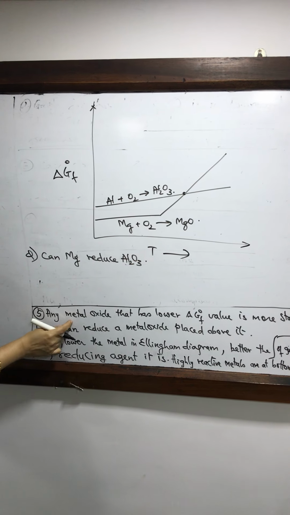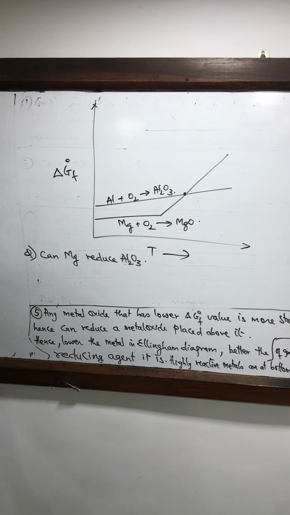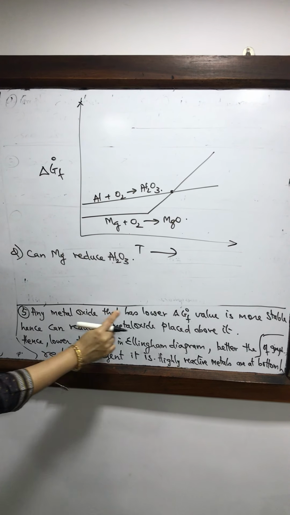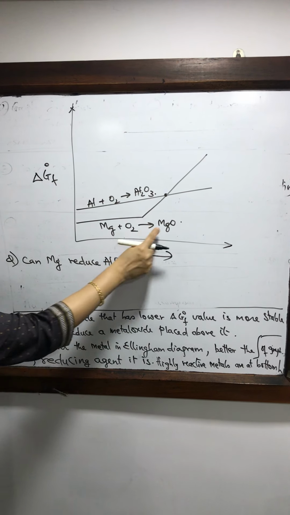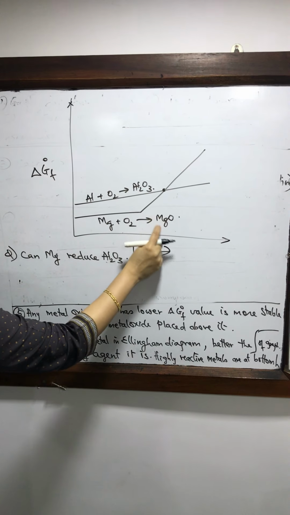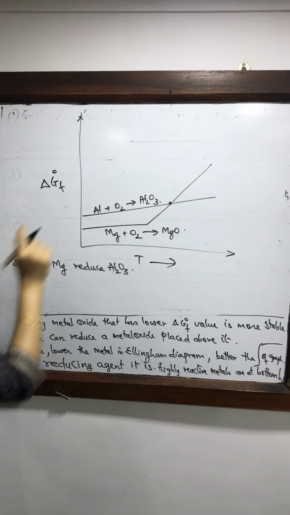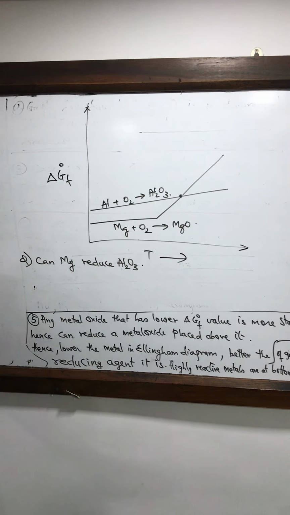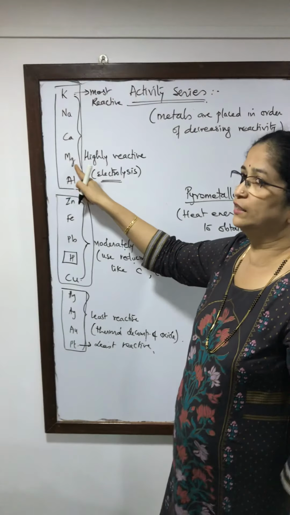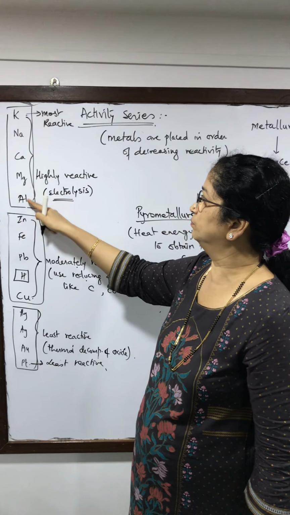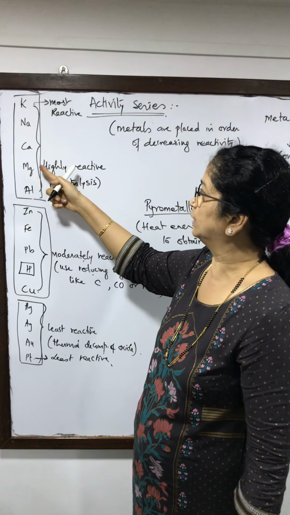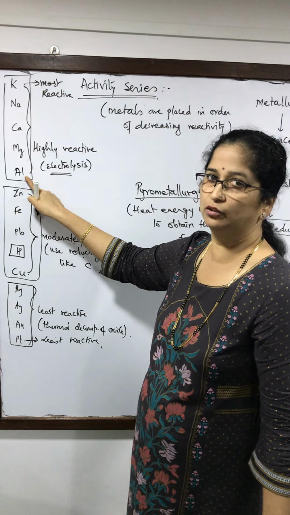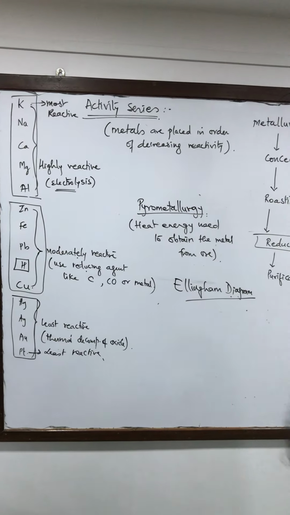Let us answer it from this point of view. The point says a metal oxide that has a lower delta G naught value is more stable. So among these, magnesium oxide is more stable than aluminium oxide. And if you look at the reactivity series, magnesium is above aluminium, and magnesium is going to form a metal oxide more easily as compared to aluminium, which is what we have studied earlier.